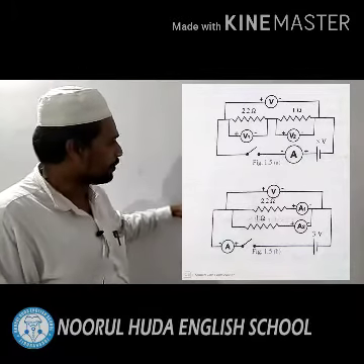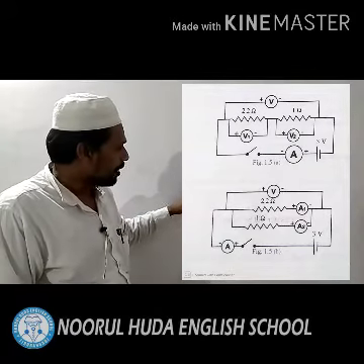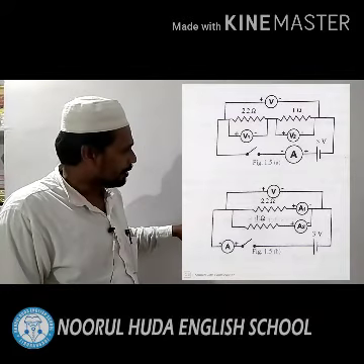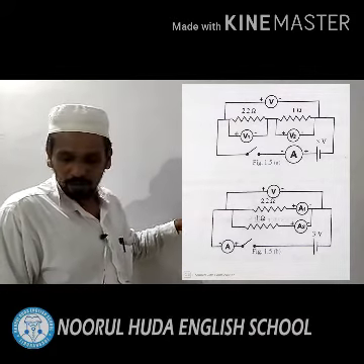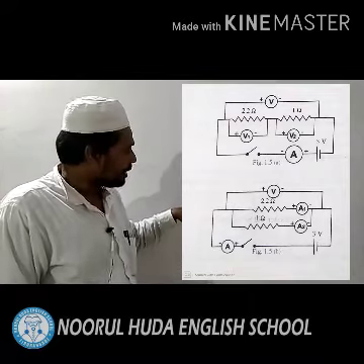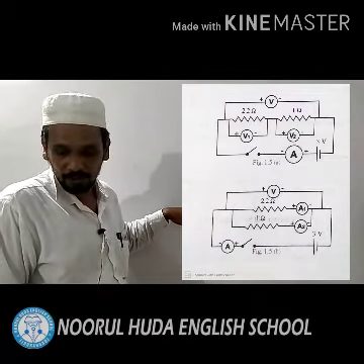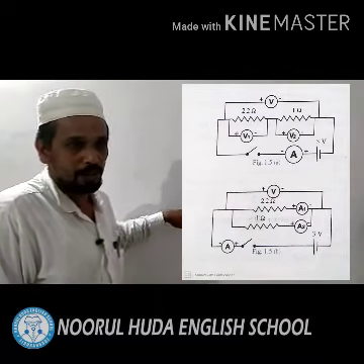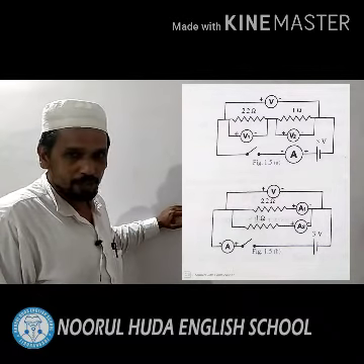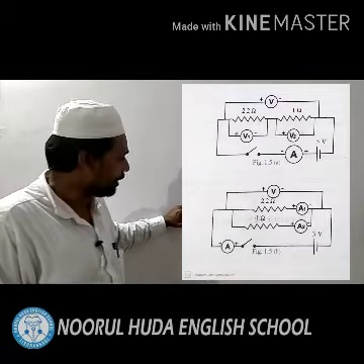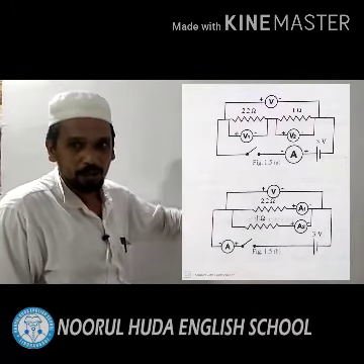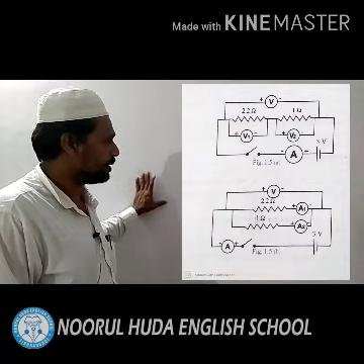In the second circuit, resistors are connected in parallel connection, and each resistor is connected with a separate ammeter and the total is connected with a voltmeter.